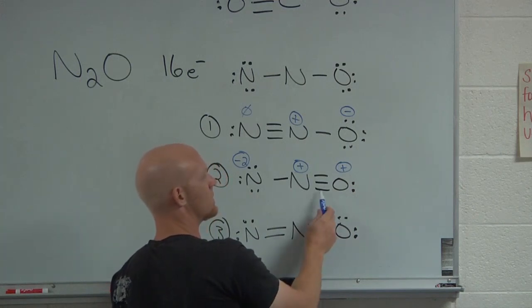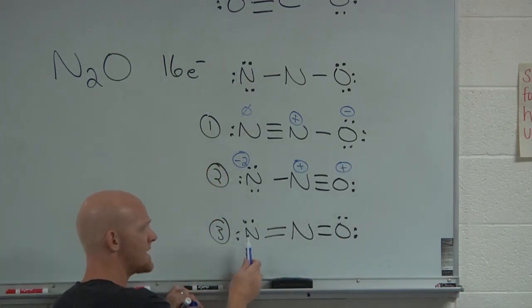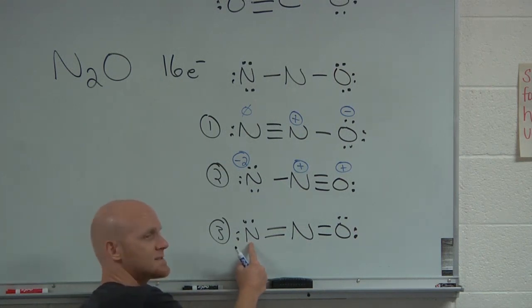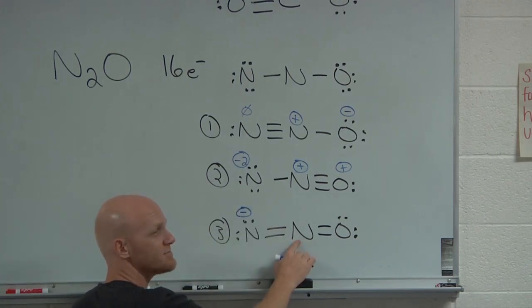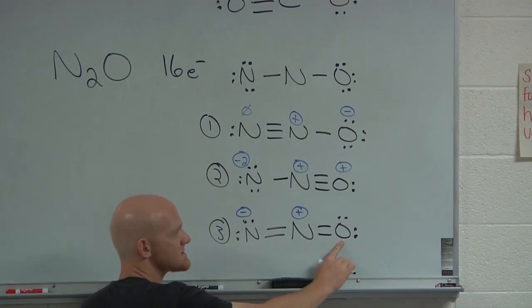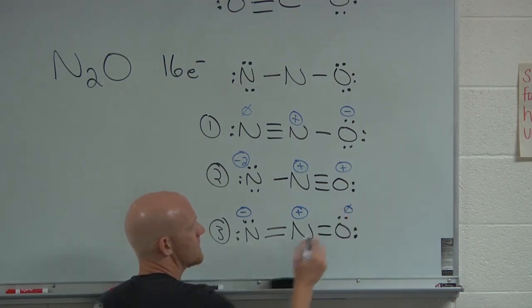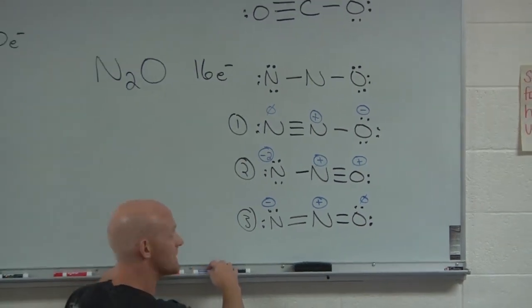Yeah, 6 minus 1, 2, 3, 4, 5 is plus 1. Cool. Last but not least, we've got here. So nitrogen, 5 minus 6 is -1. This nitrogen, 5 minus 4 is plus 1. And oxygen, 6 minus 6 is 0. Okay, so which one for sure loses this battle here?